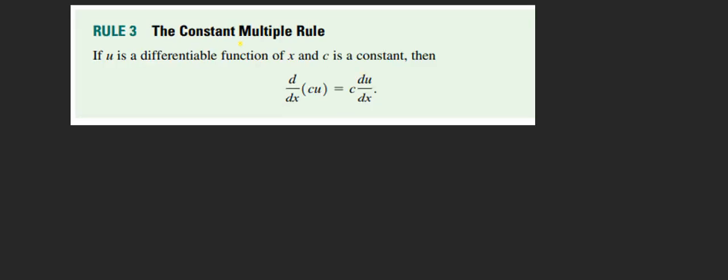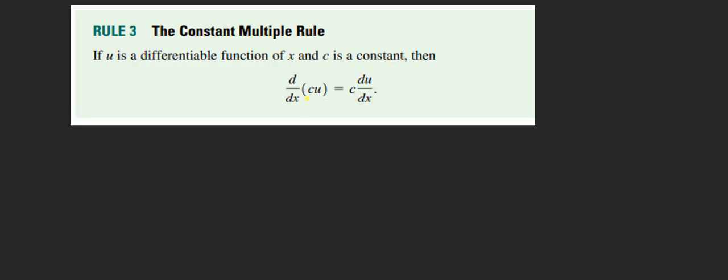Rule number three, the constant multiple rule. So if u is a differentiable function of x and c is a constant, then the derivative of cu is c times the derivative of u with respect to x.